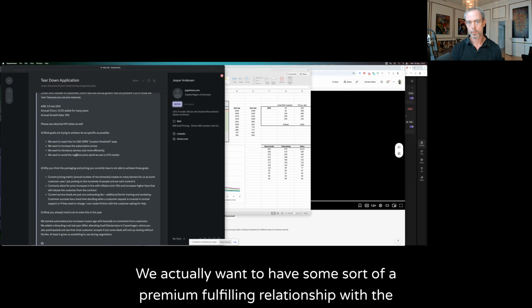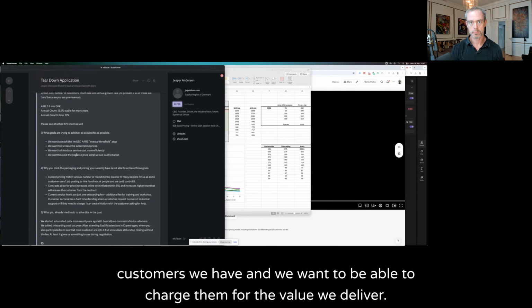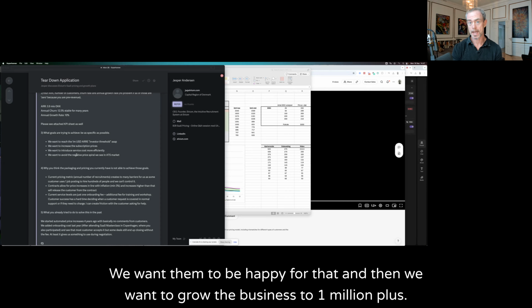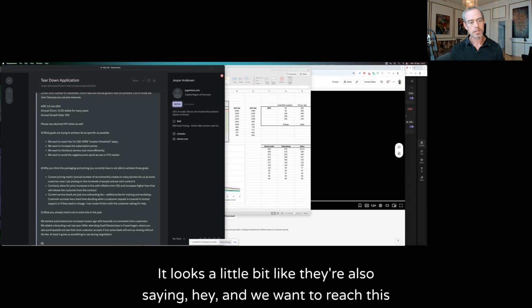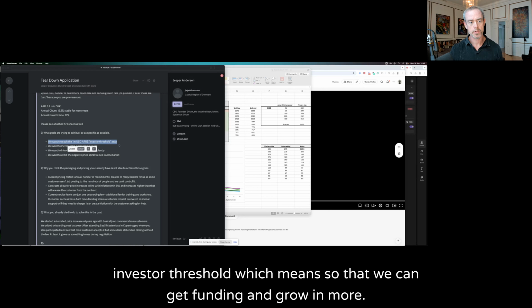We actually want to have some sort of a premium, fulfilling relationship with the customers we have, and we want to be able to charge them for the value we deliver. We want them to be happy for that, and then we want to grow the business to 1 million plus, right? And it looks a little bit like they're also saying, hey, we want to reach this investor threshold, so that we can get funding and grow more.